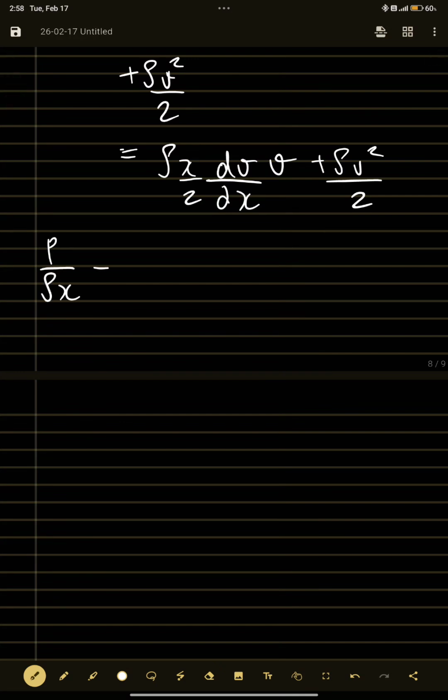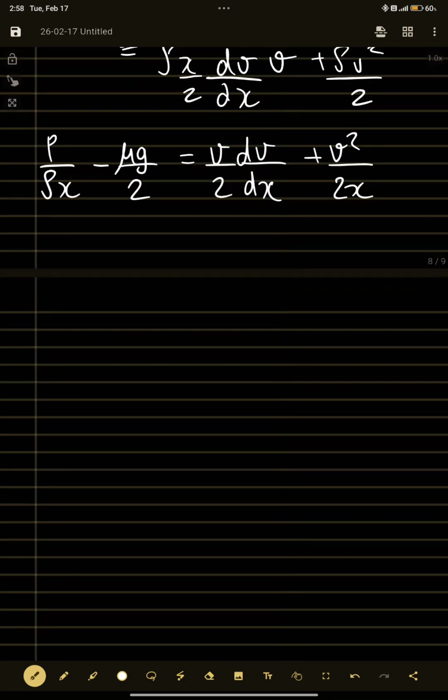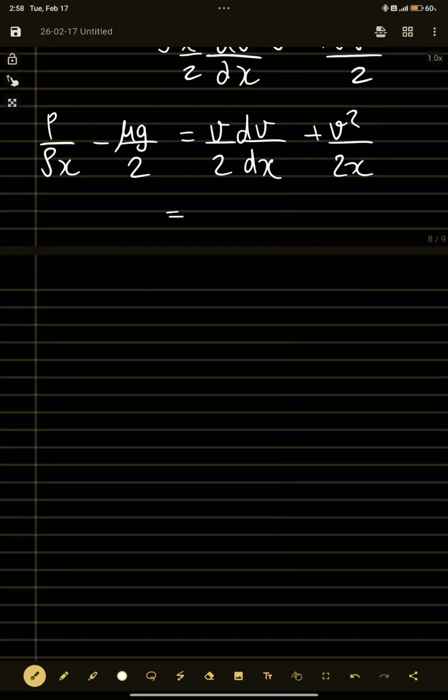What was the need for this? This you can simplify as x square v square. If you do it, you will get x square 2v dv/dx plus v square, over 2x. Now you take 2x square outside.